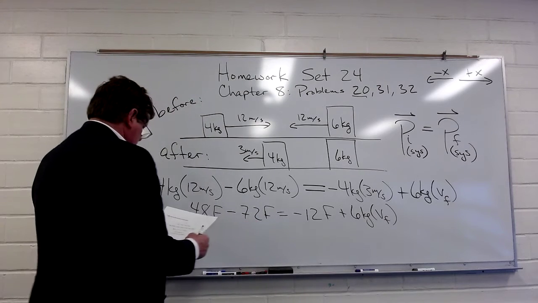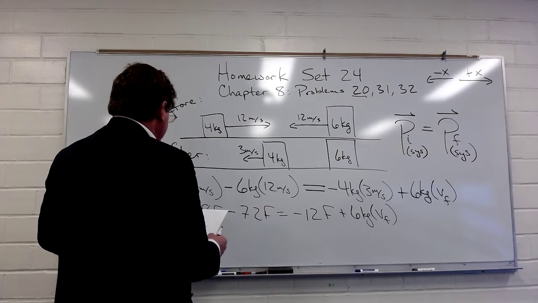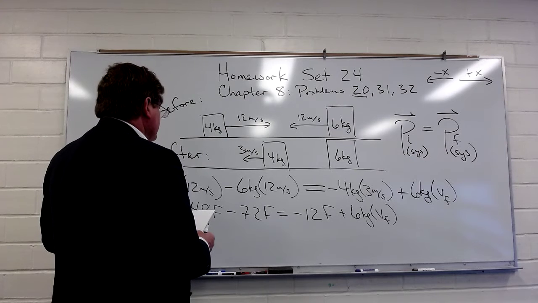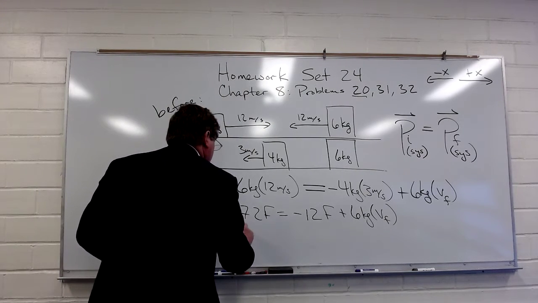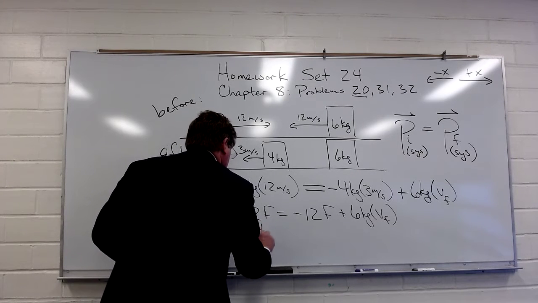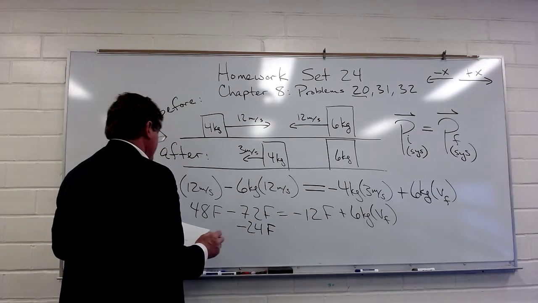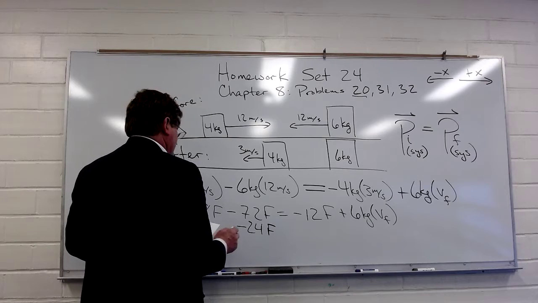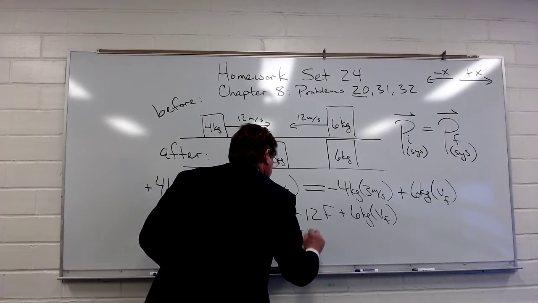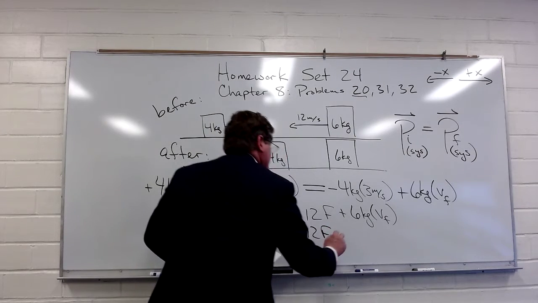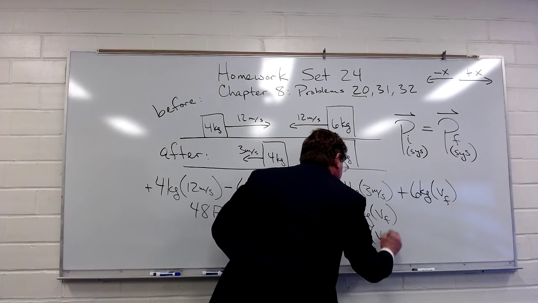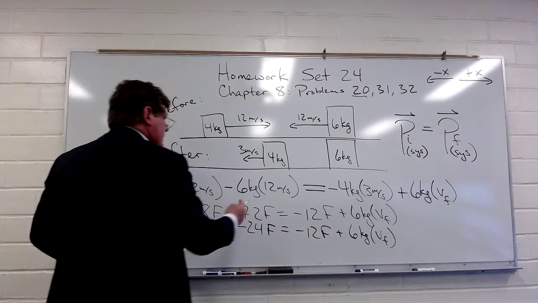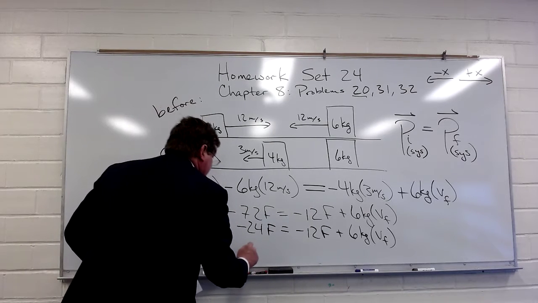so what I get here is, let's see, I get negative 24 is equal to negative 12 plus 6 kilograms V final. And if I bring the negative 12 over, it becomes positive 12.